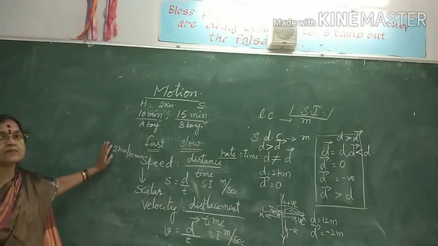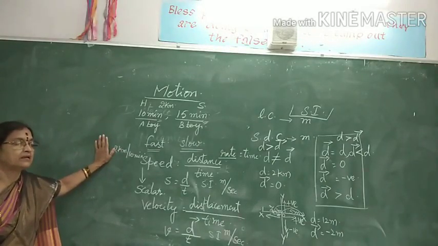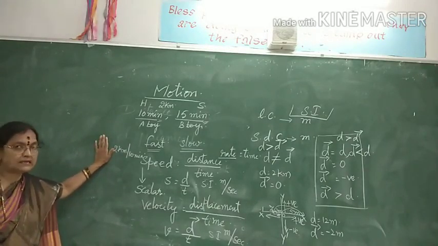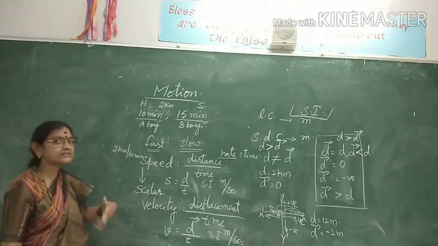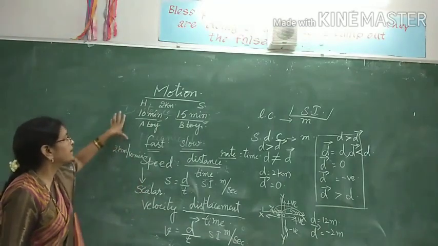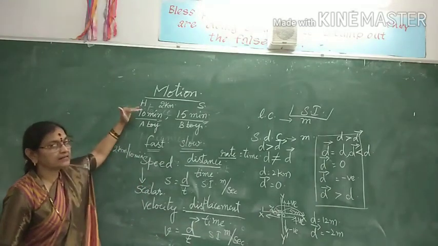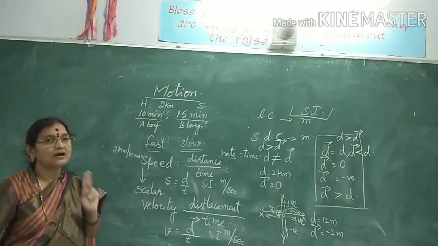Now, see again some more. The quantity of motion possessed by a body, we can learn further in the next lesson and next chapter. Now, what are the other terms to say whether a body is moving or not? Only two terms.